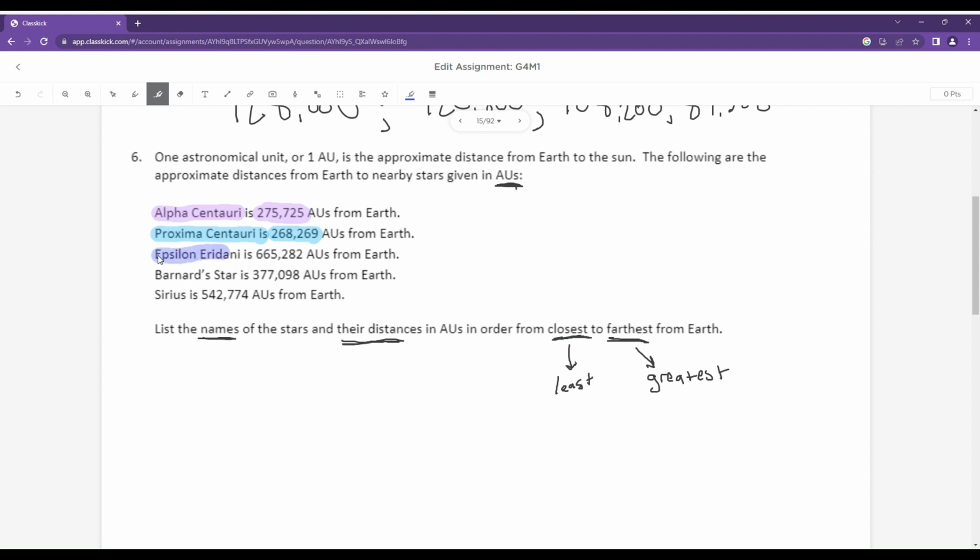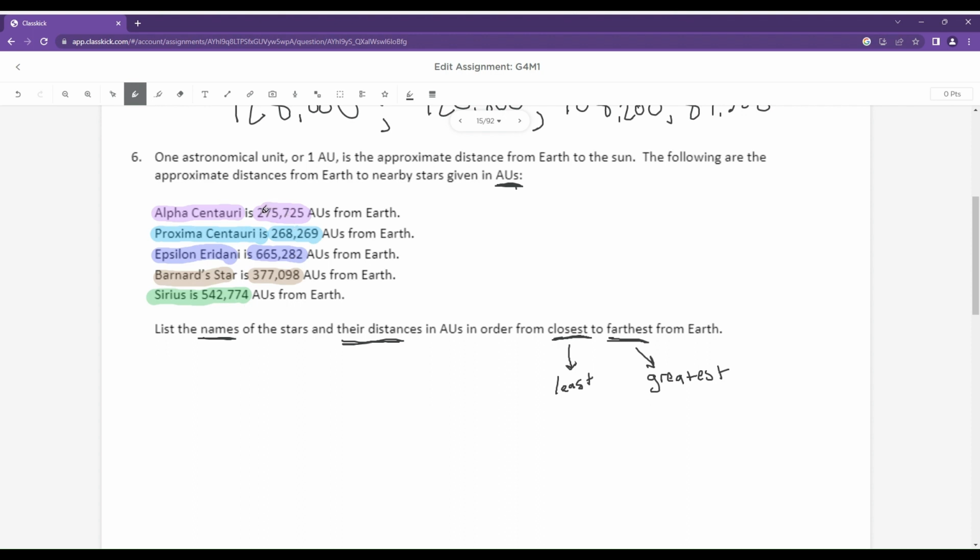Epsilon Eridani is 665,282 AUs from Earth. Bernard's star is 377,098 AUs from Earth. And Sirius is 542,774 AUs from Earth. So we need to list these from closest to farthest, so from least to greatest.